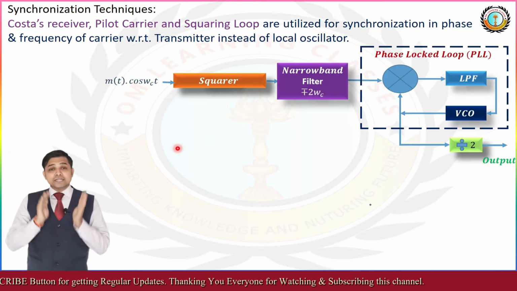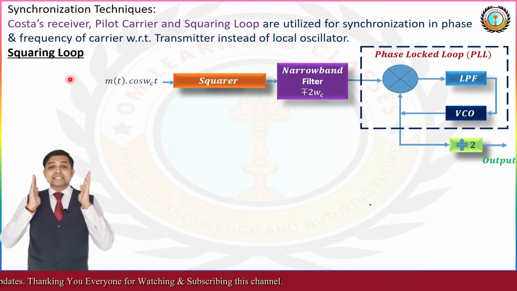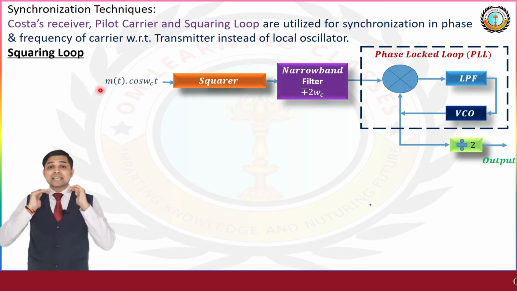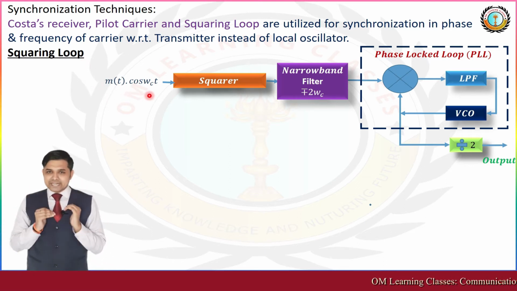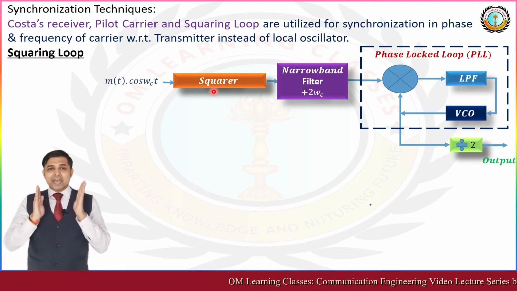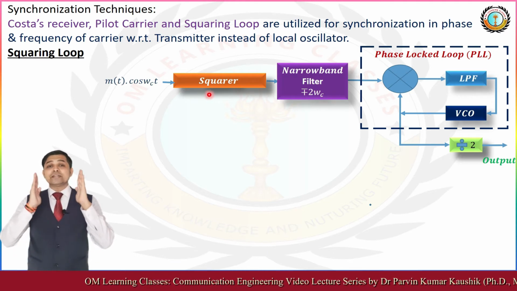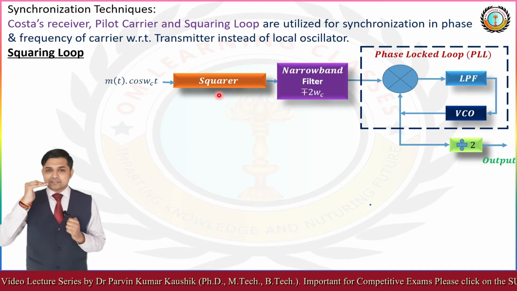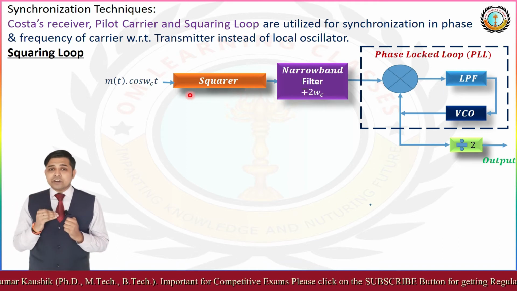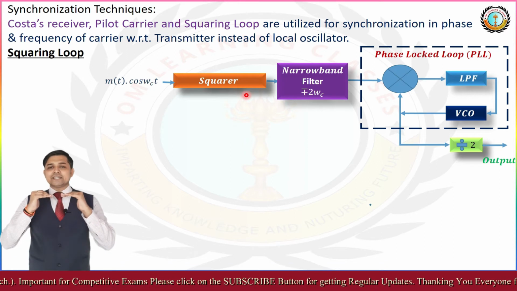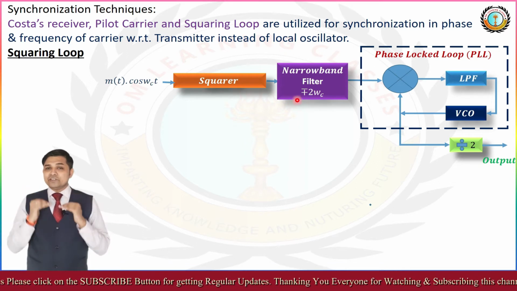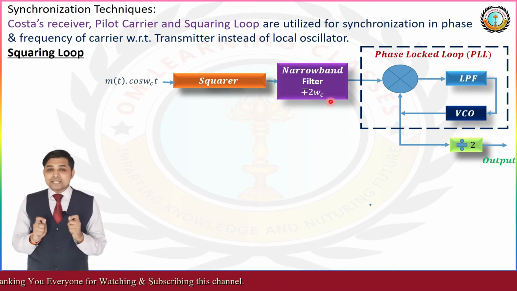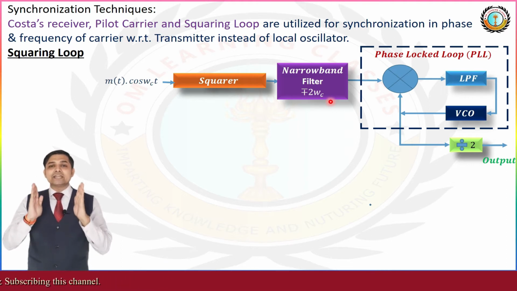Now we have the third synchronization technique, which is our squaring loop, and is very important. In this, the received signal is squared by using a squaring circuit as shown in the diagram. We have the received signal, which is the DSBSC signal, that is m(t) cos omega c t. Then we have the squarer, which performs the squaring of our received signal. After the squarer, we have the narrow band filter, which is centered at plus or minus 2 omega c, twice the angular carrier frequency.